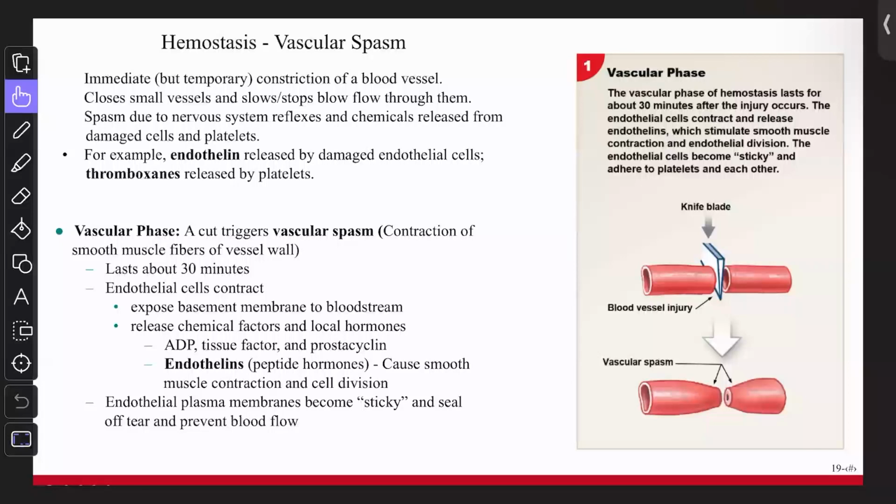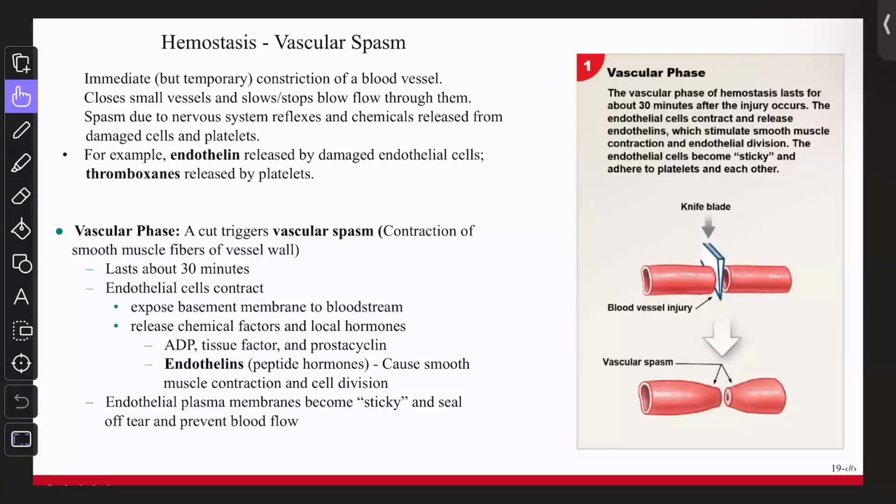Because what? It's going to slow the blood loss. The smaller the opening, the less blood can get out at a time. If we just leave it open, it's just flowing free.